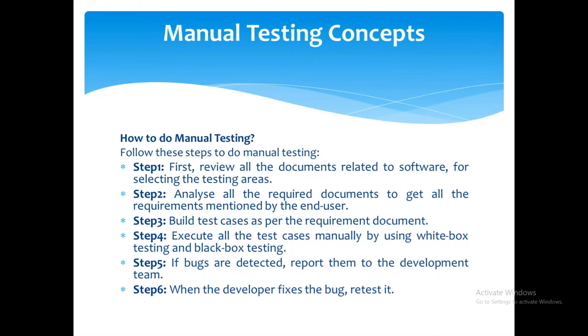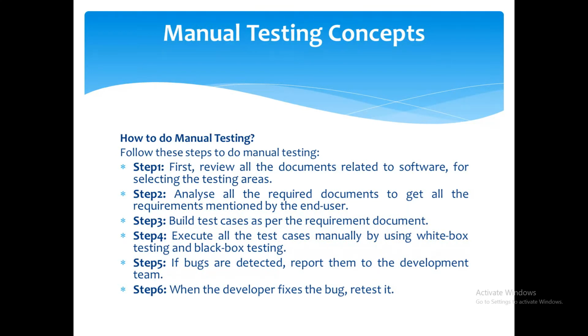Next, we will discuss the manual testing concept: how to do manual testing. Follow these steps. First, review all the documents related to the software for selecting the testing areas. Second step, analyze all the required documents to get all the requirements mentioned by the end user.